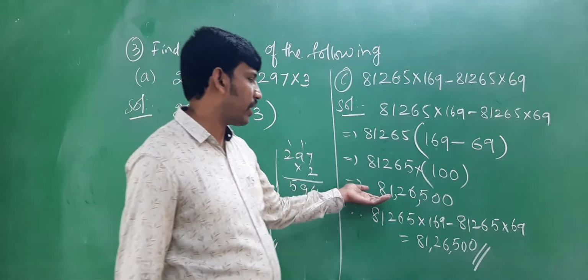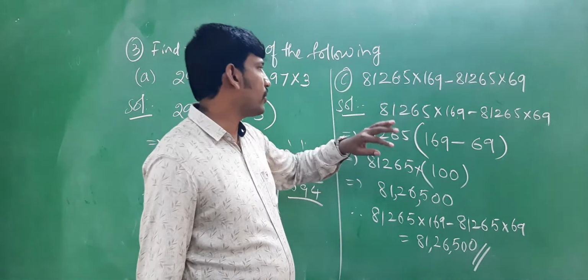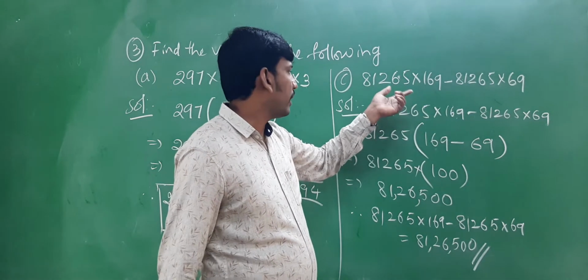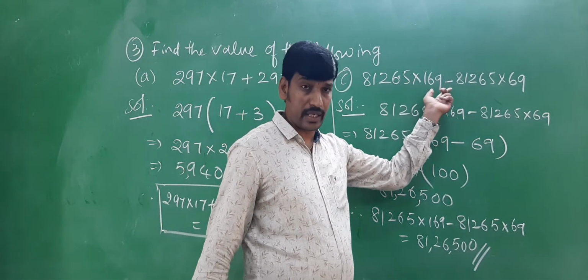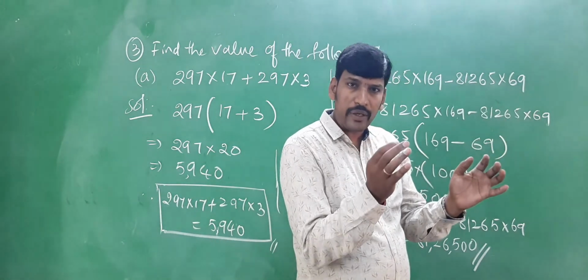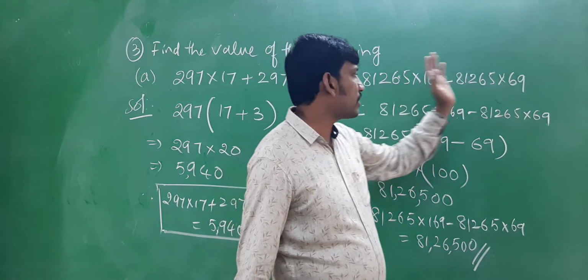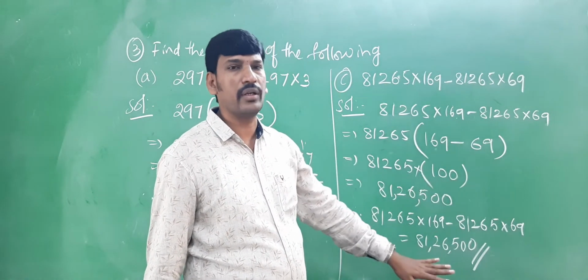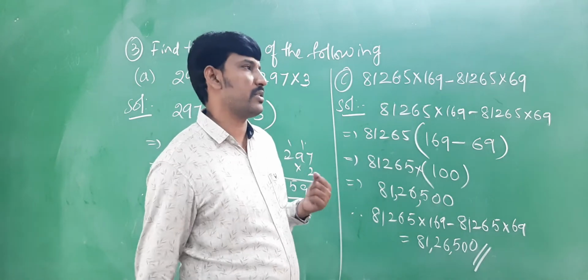See how easily we can find out the solution. Suppose if you did not apply the property, if you do directly 81,265 into 169, you will get a big value. Again multiply this, you will get one more big value. This value minus that value, you will get the answer. But it is a time taken process.